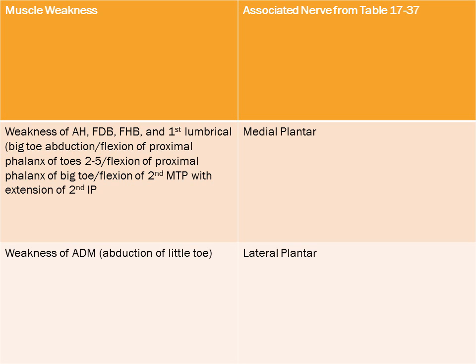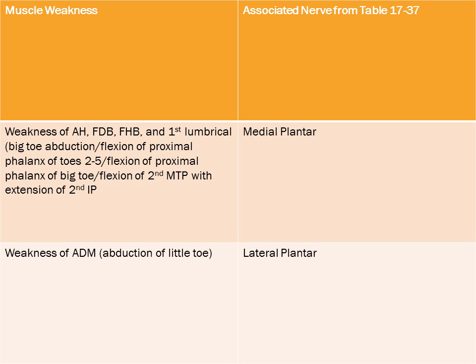Finally, down into the foot, weakness of the adductor hallucis, the flexor digitorum brevis, the flexor hallucis brevis, the first lumbrical. All of those muscles are associated with the medial plantar nerve. And you'll recall that the adductor hallucis is involved with big toe abduction. The flexor digitorum brevis is involved with flexion of the proximal phalanges of toes 2 through 5.